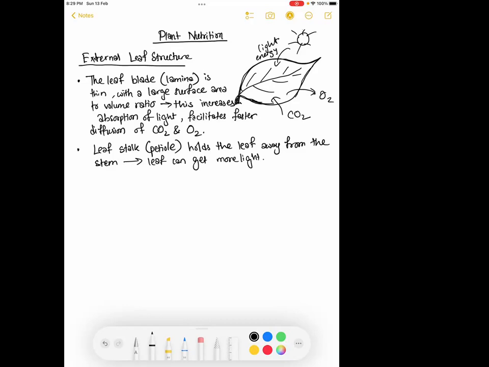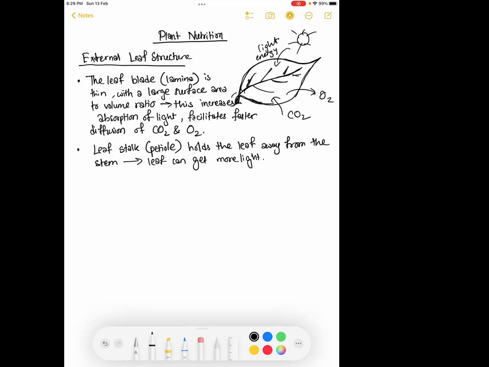All right. Now this middle thing is called a midrib. Sorry, this is a vein network. I'm sorry, this is a midrib. What does it do? Why is it there? It carries food substances away from the leaves, and the water and mineral salts to the leaves.